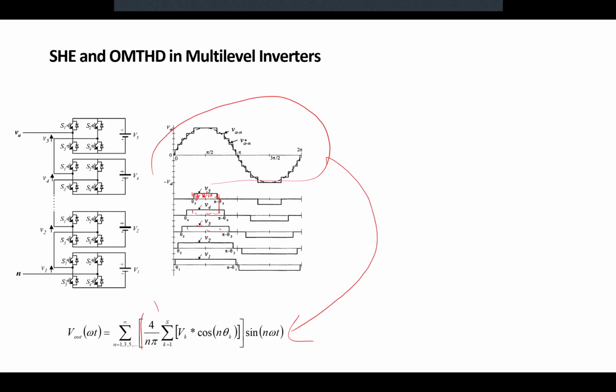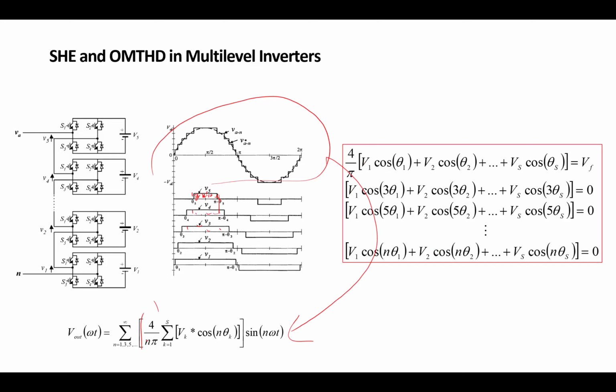So we have a Fourier series here. When we have multiple levels, we have multiple factors or degrees of freedom. We have more variables, more leverage to control our output.